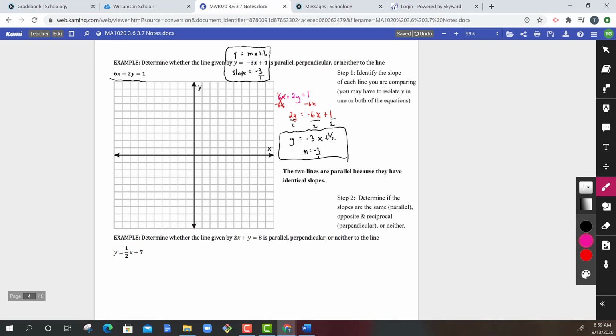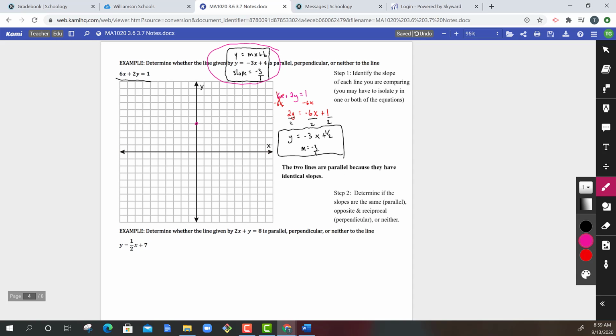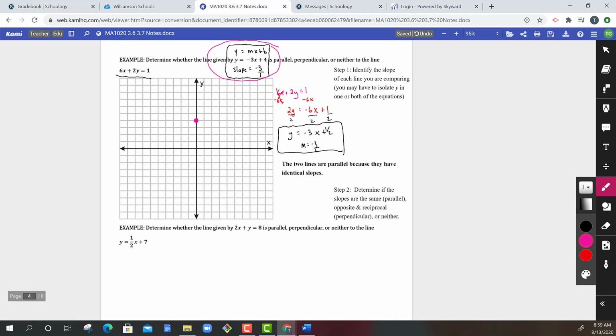Let's go ahead and graph this one since they give us a graph. The first equation has a starting point of 4. And the slope is negative 3/1, so that means we're going down 3, right 1. And for the other graph, I'm just going to do 2 points.